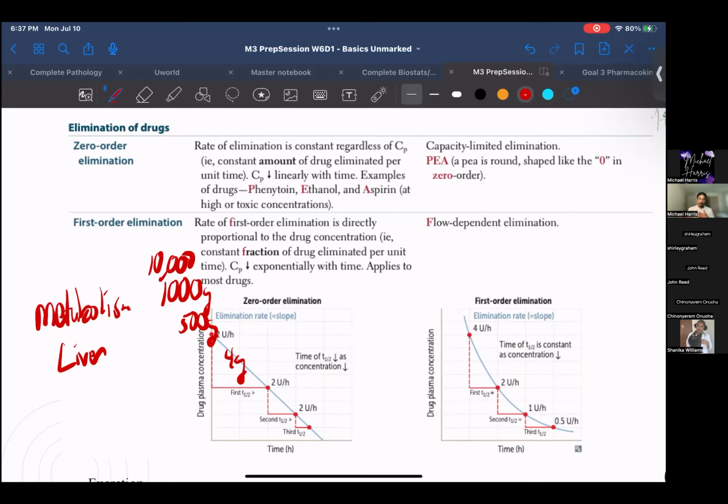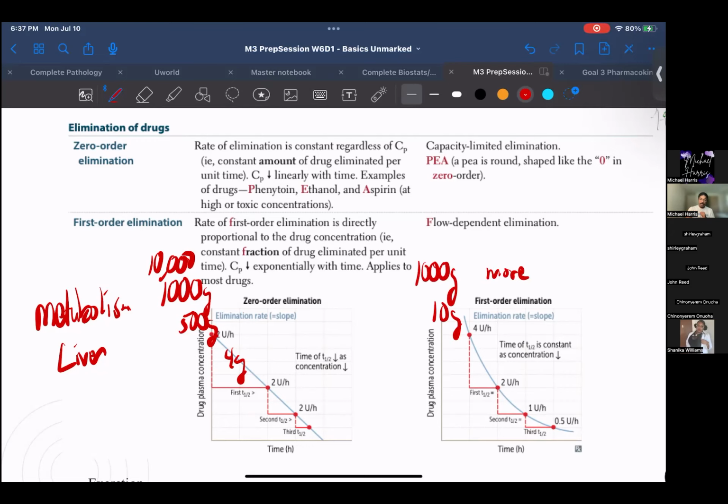Now, first order elimination takes the concentration into its calculation. As a result, when you have 1,000 grams, you eliminate more than if you had 10 grams. Good?